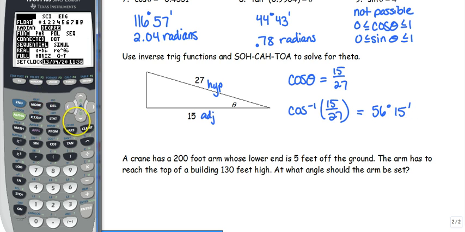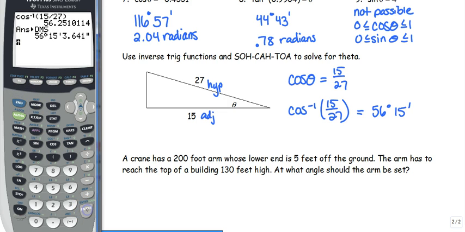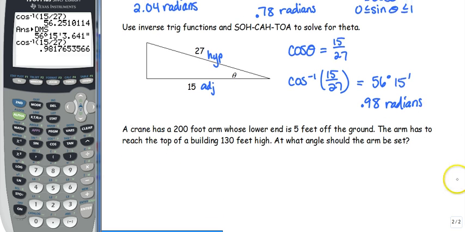We just do our little switch to radians. Go back. Do second enter twice. And we get about 0.98 radians. So you should be comfortable giving degrees and radians. Just pay attention to the directions to see which ones you are being asked for.